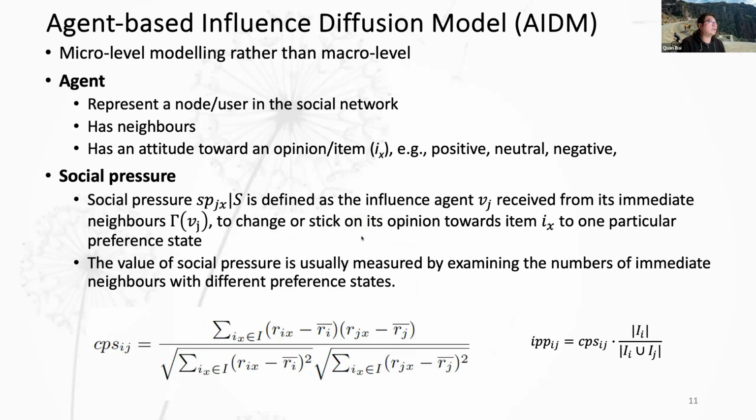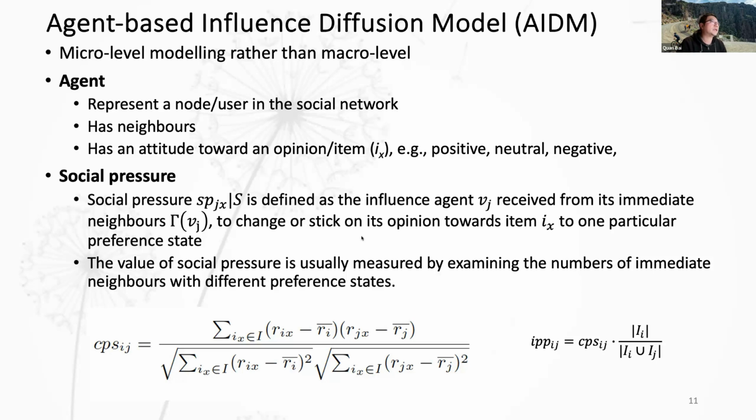Furthermore, we also define different types of behaviors. For example, we define different states for each agent. If an opinion is propagating in a social network, we believe each agent can hold either a positive, neutral, or negative opinion on that particular information. Each agent has neighbors, and each agent is under a certain social pressure.